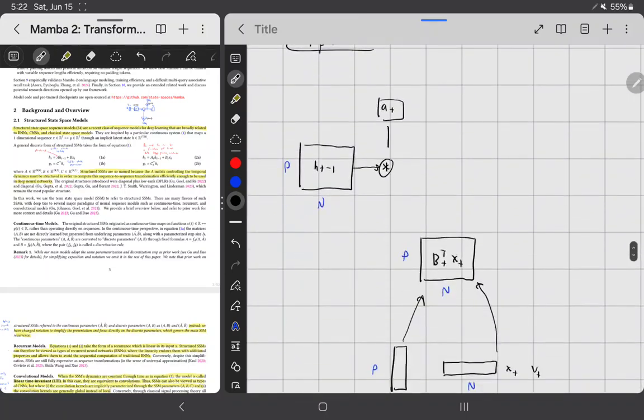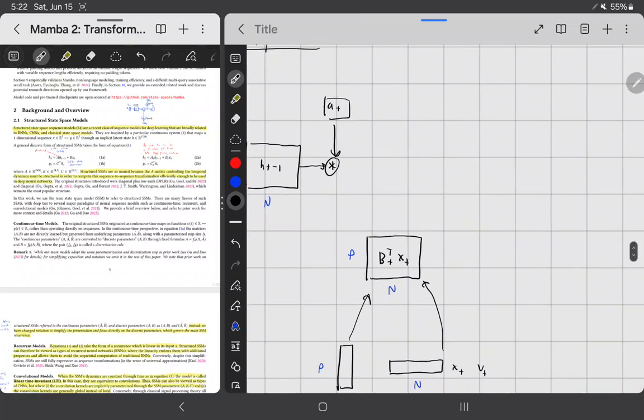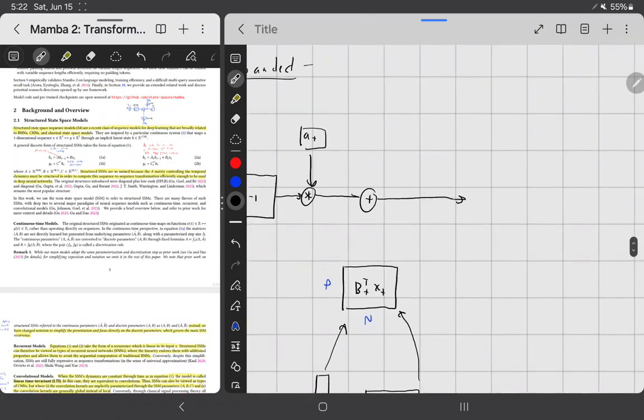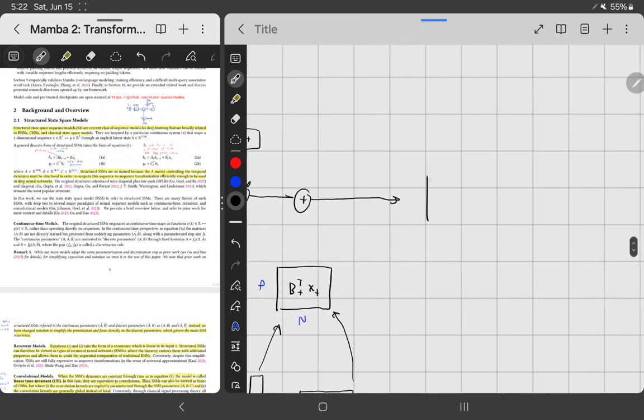It's actually the identity times that, but whatever. Then we add the outer product to this hidden state, and this gives us our output H_t, which is still a P by N matrix.